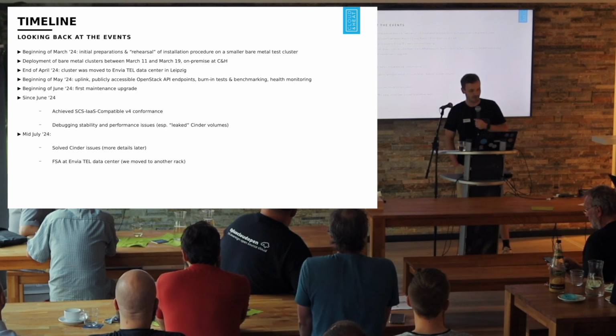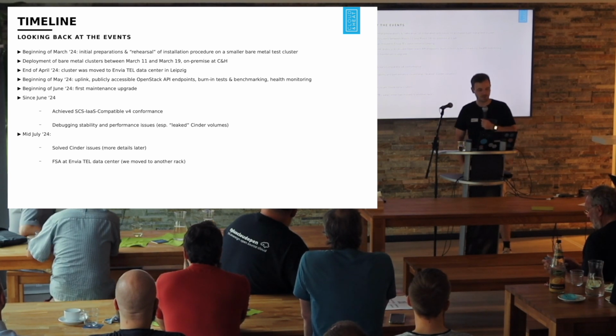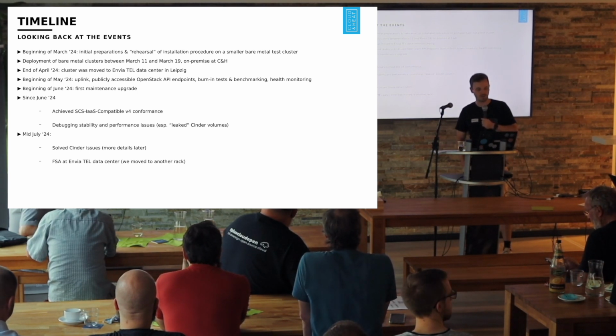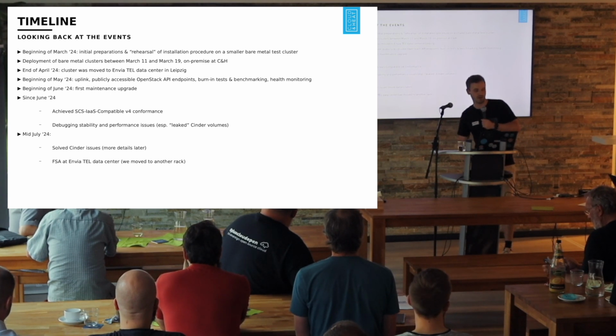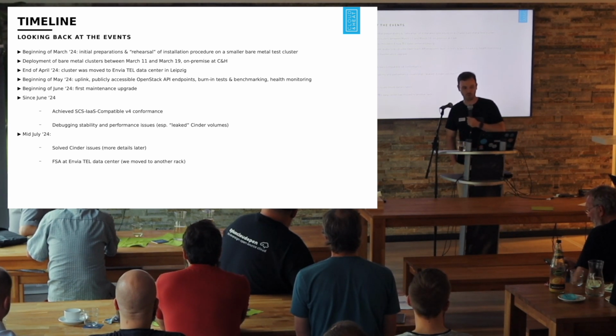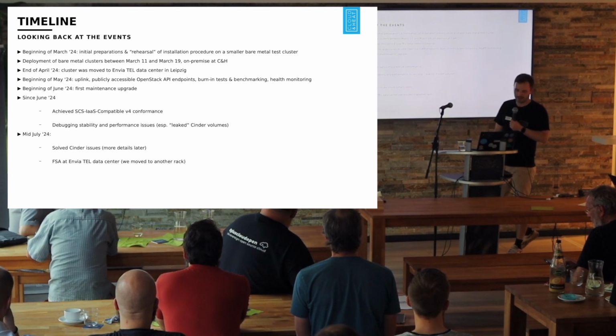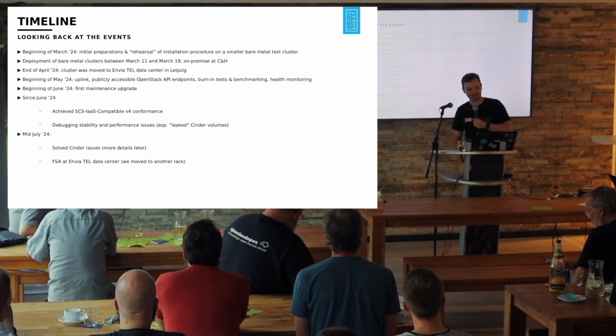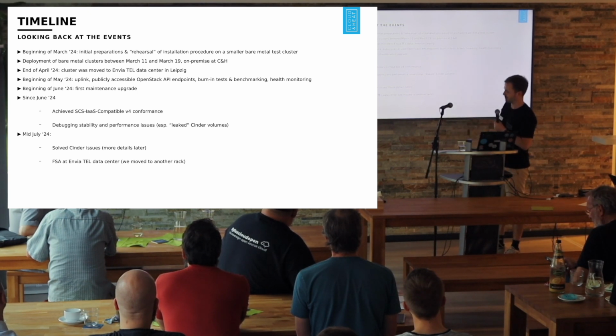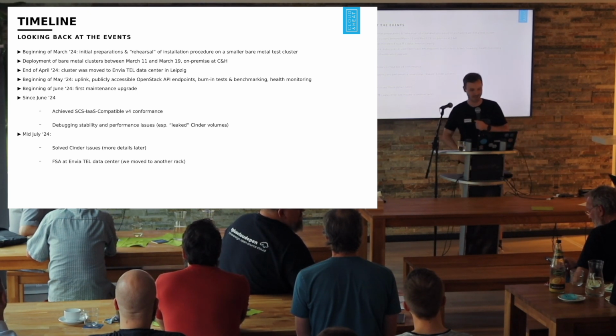And then the real fun things began. Since June 24, we achieved the SCS IaaS compatible version 4 conformance. And we also began debugging some stability and performance issues, especially leaked Cinder volumes. And I want to share some insights and experience on that later.